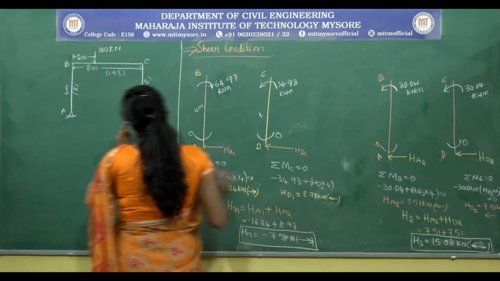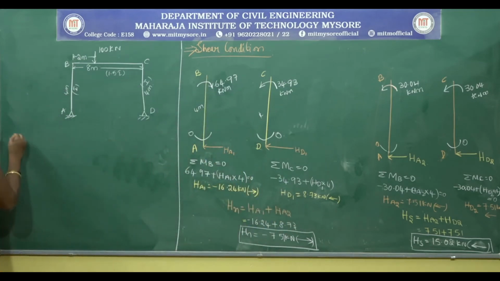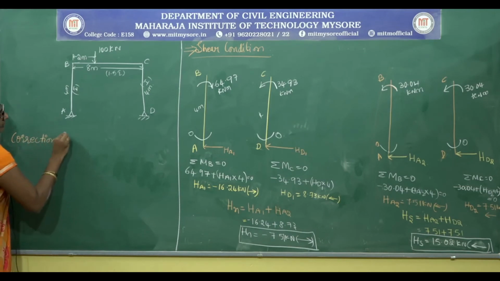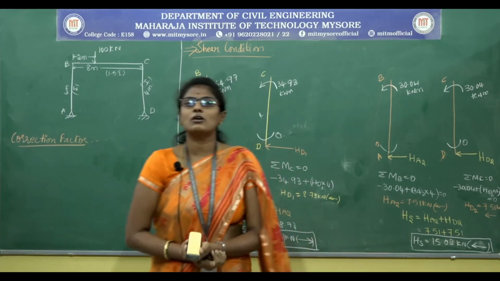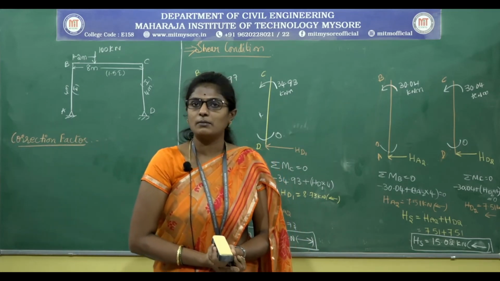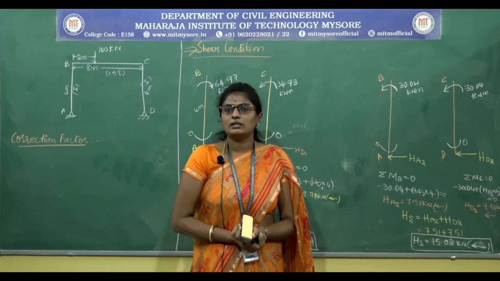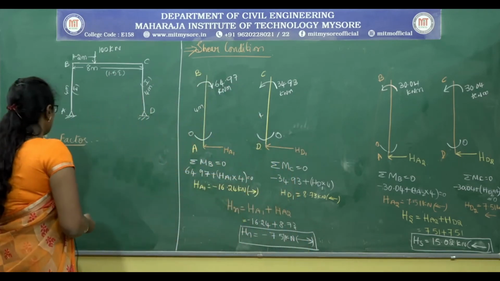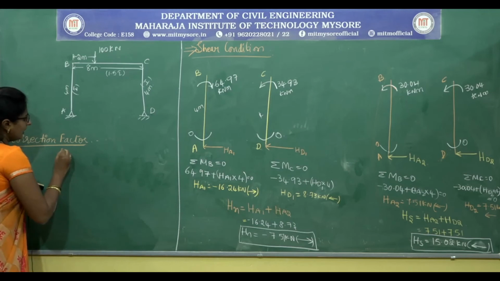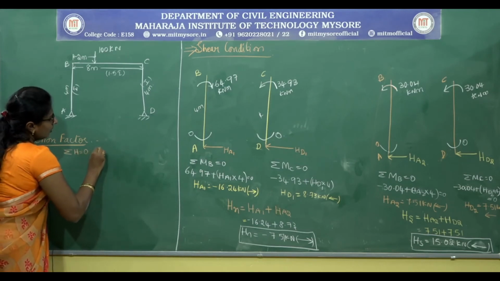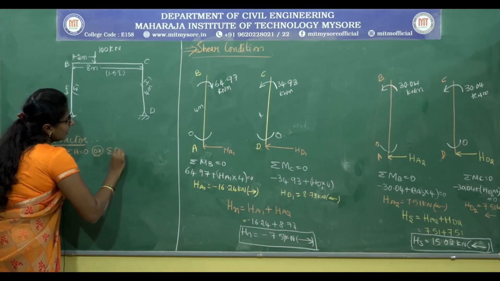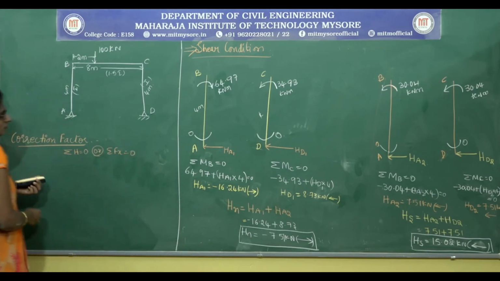Now by using these two, we need to consider the correction factor. Since the non-sway and sway solution together determines the total solution, the condition of equilibrium must be satisfied. That means sigma H equal to 0 or sigma Fx equal to 0 has to be satisfied.